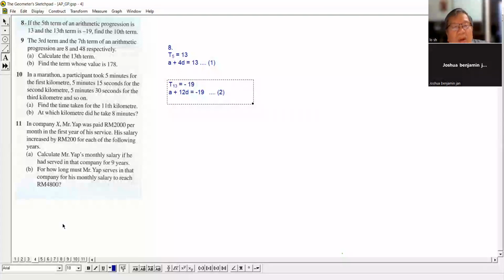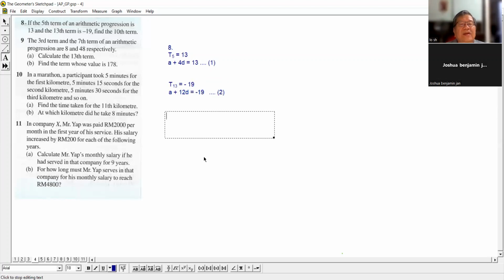Now what to do next? Do you know how to solve simultaneous equation 1 and 2? Equation 2 and equation 1, what must you do? 2 minus 1, correct.